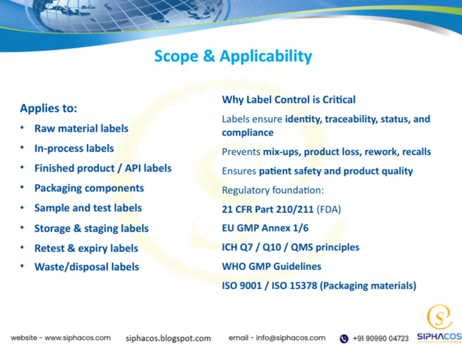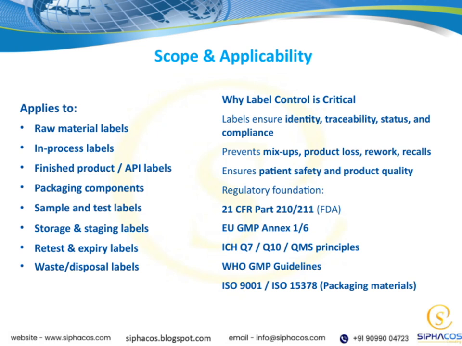Moving on to scope and applicability, label control isn't limited to just finished products. It applies across the entire supply chain, starting from raw materials, through in-process labeling, and all the way to finished products and APIs. It also covers packaging components, samples, and test labels. Furthermore, labels are essential for storage and staging, retest and expiry dates, and even waste and disposal labels.